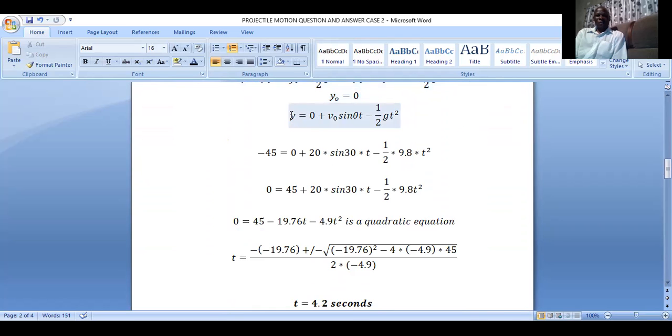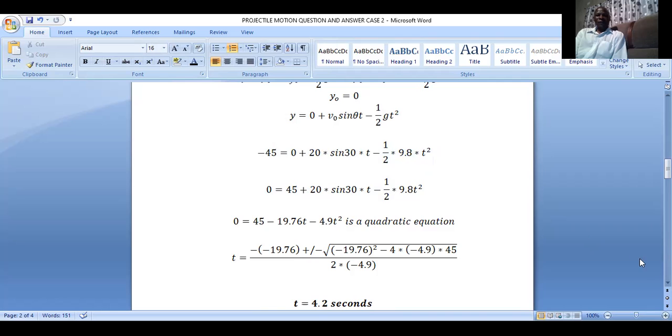And therefore, we have to remain with the y, which is in the negative y-axis. And you note that one is given by negative 45 because it's in the negative y-axis. Plus 0, this is the y initial where the ball is starting from. And then you have 20 meters per second as the initial velocity, sine 30 times time, minus half times 9.8 times t squared.